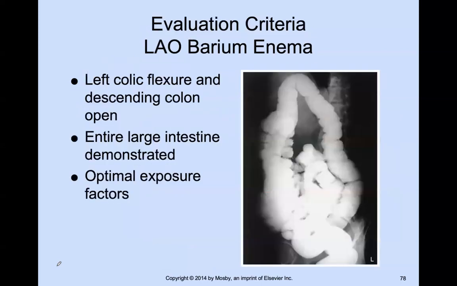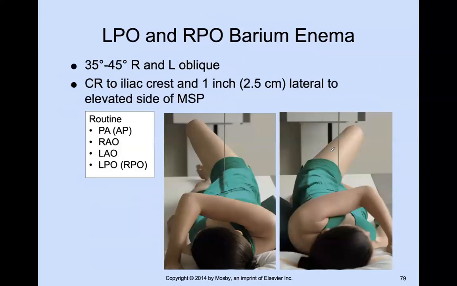The LAO will open up the left colic flexure or the left splenic flexure. So this is the left side. Now, the posterior obliques are in indirect relationship. What does this mean?